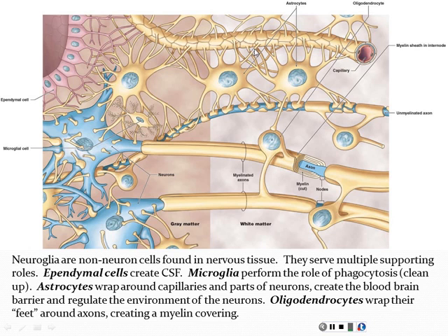Because the nervous system is so sensitive to toxins and to chemicals, in our brains, all of the capillaries are sort of sealed so that nothing can get out into the nervous tissue without passing through these astrocytes. So it helps to protect the neurons from what might be coursing through the blood.